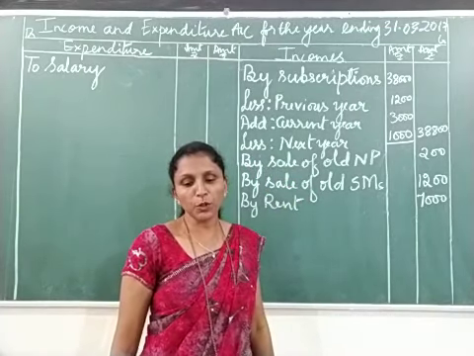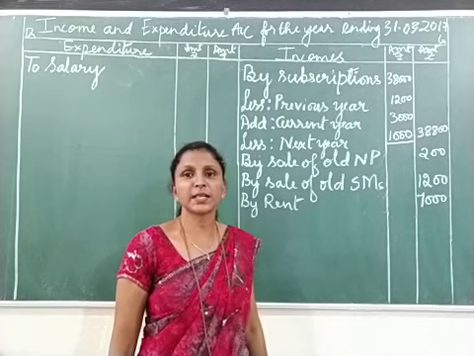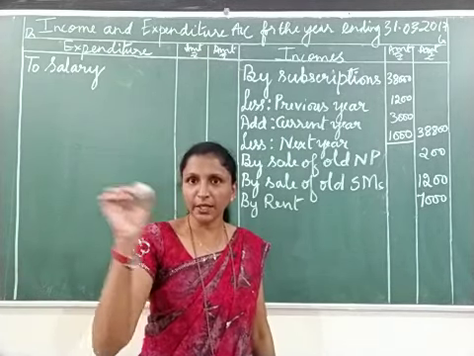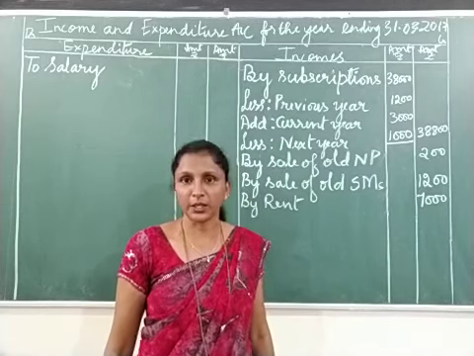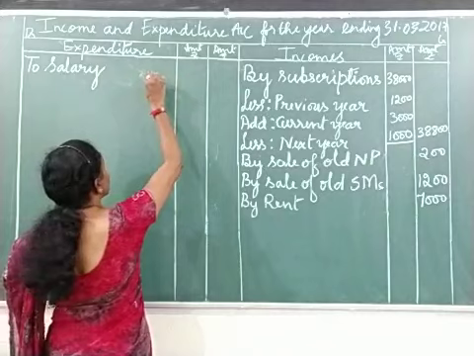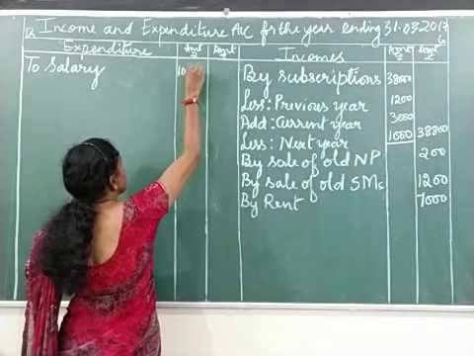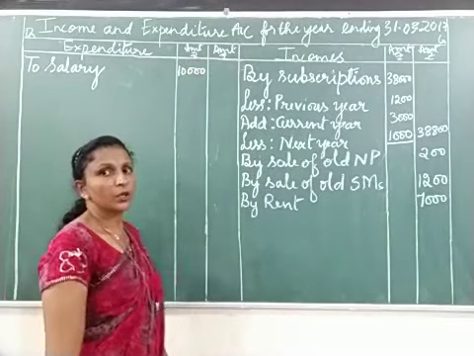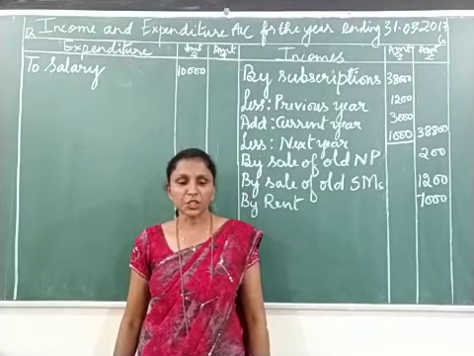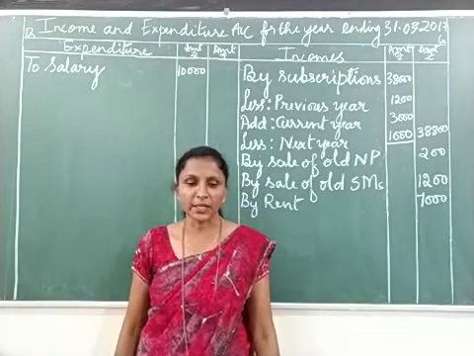What's the amount of salary given in the payment side of the receipts and payments account? It is 10,000. Put a tick mark there for salary because we are taking it now. It is 10,000; write it in the inner column. The related item is given in the previous year balance sheet, liability side, outstanding salary.